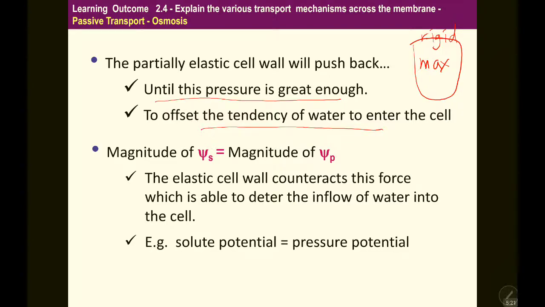So when it comes to a very maximum stage, when no more water can enter, we say that the solute potential will equal the pressure potential now. Remember just now we said that pressure potential works against the water entering the cell. So this is the condition when it reaches the maximum state. Okay, so we call this turgid.